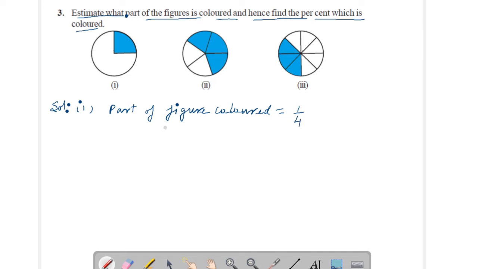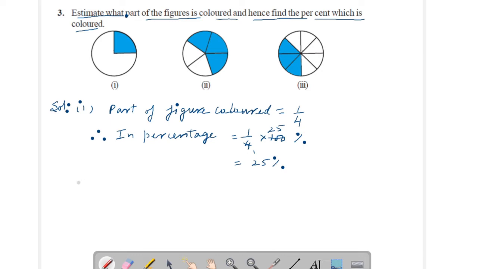Therefore, in percentage, 1 upon 4 into 100%. Simplify it. 4 1 and 4 25. That is 25%. This is your answer.